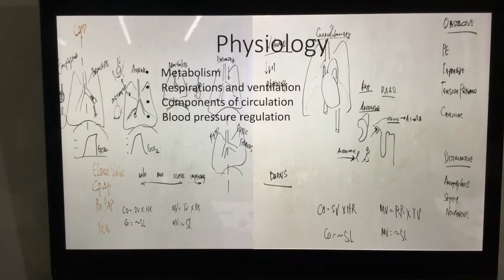So roughly we have about 5 liters being ejected and passed throughout the body as far as blood volume, and we have about 5 liters of air being moved in and out so that we can have this adequate and effective oxygenation and circulation going on.